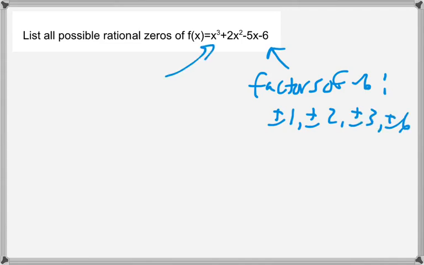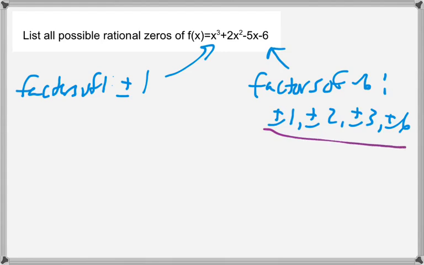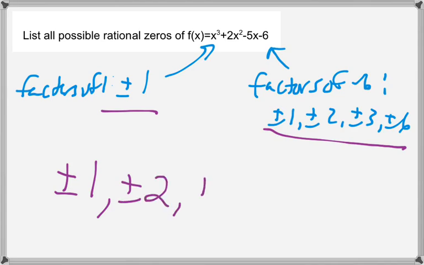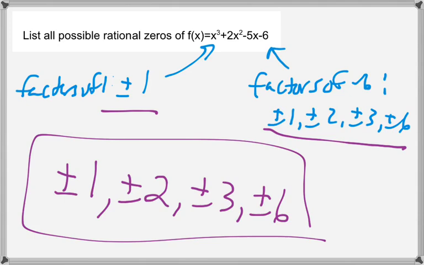And our leading coefficient is still 1. So plus or minus 1 would be the factors of 1. So these are our possible numerators, and these are our possible denominators. So 1 over 1, 2 over 1, 3 over 1, and 6 over 1, positive or negative. Those are the 8 possible rational zeros.